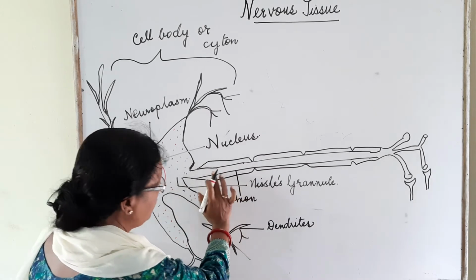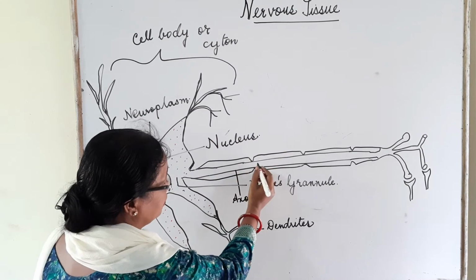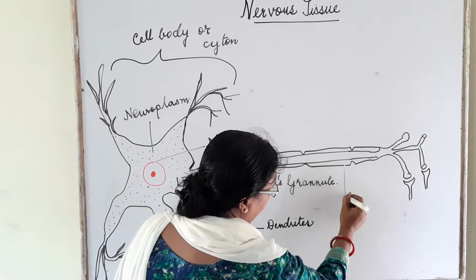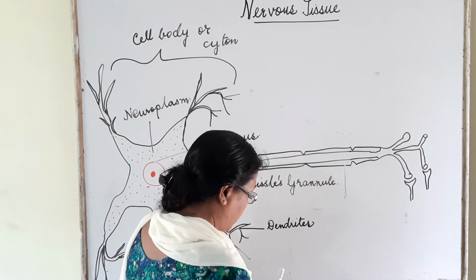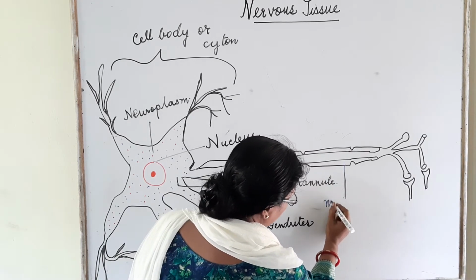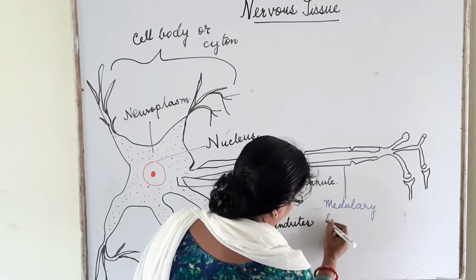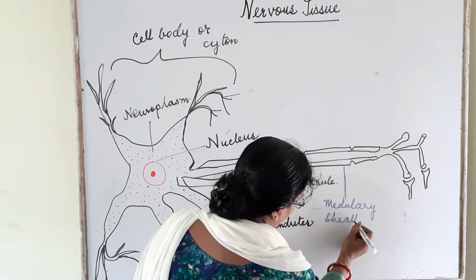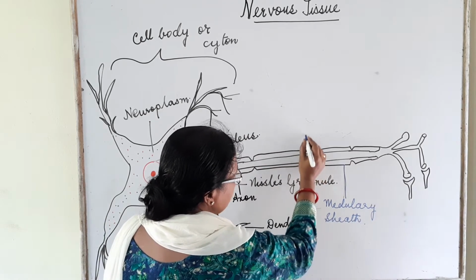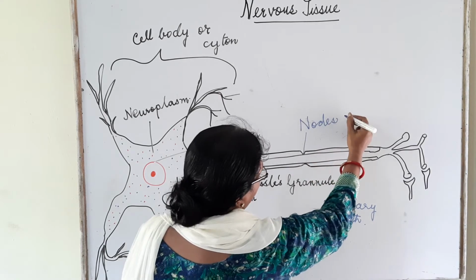It has a covering which is known as medullated or medullary sheath. There are gaps here which are known as the nodes of Ranvier.